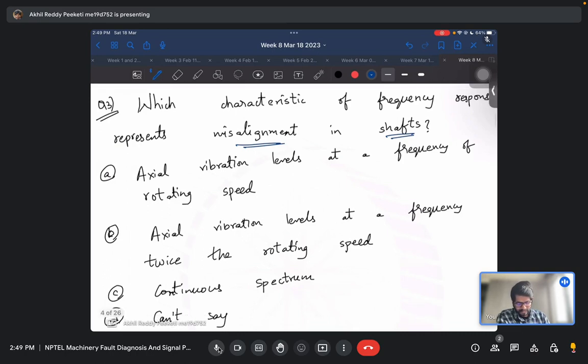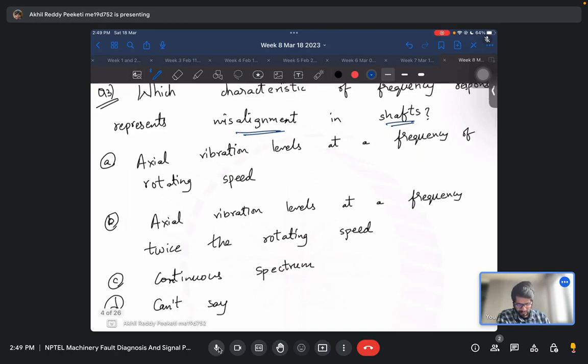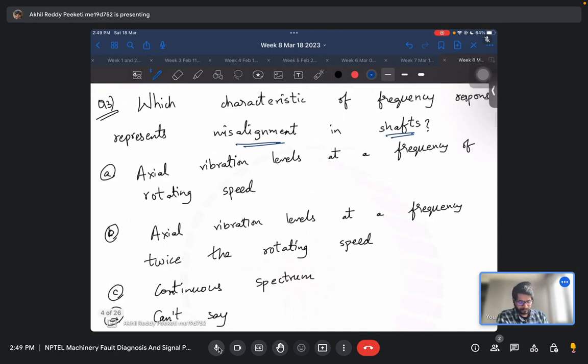Will it cause axial vibration levels at a frequency of the rotational speed, or axial vibration levels at a frequency twice the rotational speed, or a continuous spectrum, or we can't say? What will be the characteristic frequency response caused by the misalignment in shafts?